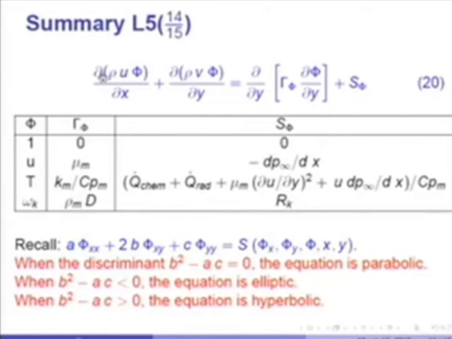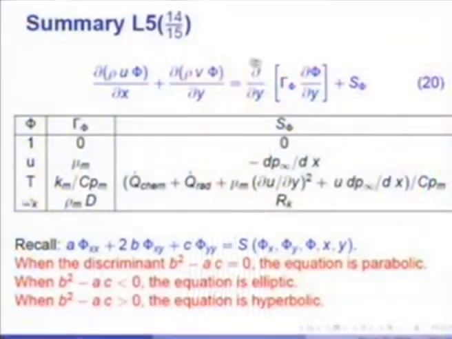We started with the derived three-dimensional forms of the equations of bulk mass, mass transfer, momentum and energy, and reduced them to the boundary layer form, which contains two convection terms, one diffusion term in y direction and one source term.